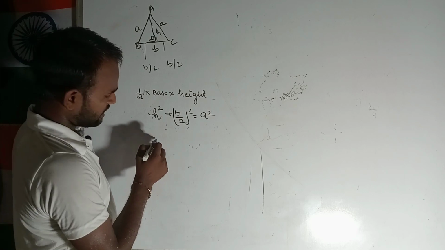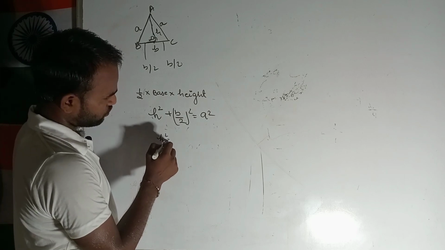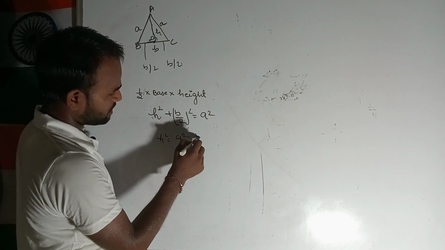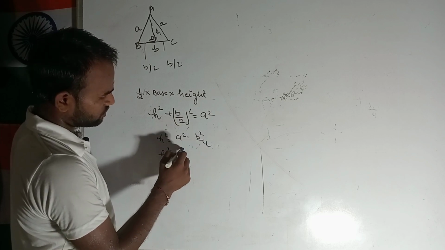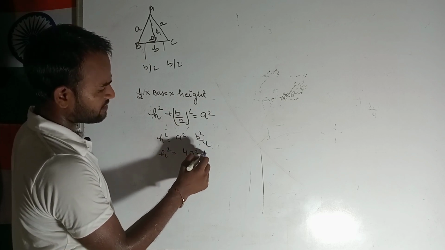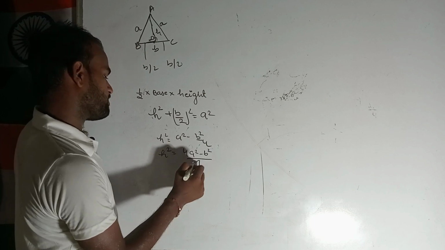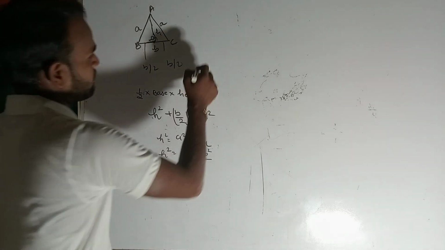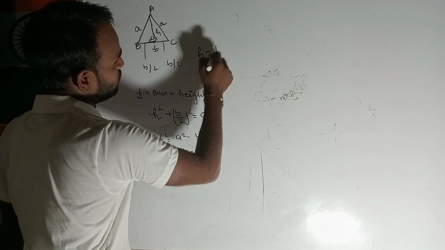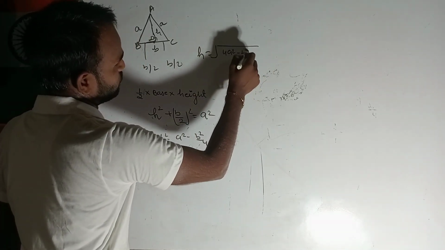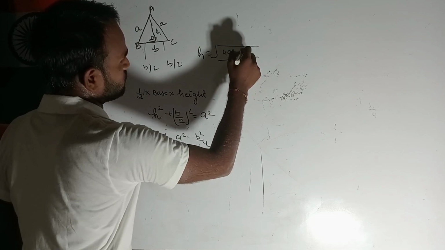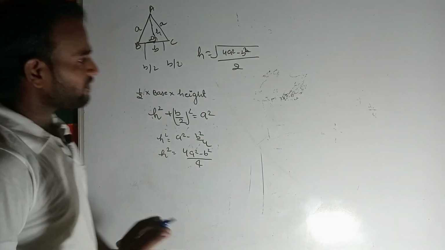Then h square equals a square minus b square by 4, so h square equals (4a square minus b square) upon 4. So the value of h will be under root (4a square minus b square) upon 2. This will be the value of height.